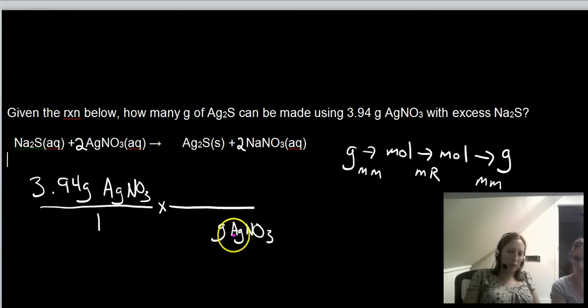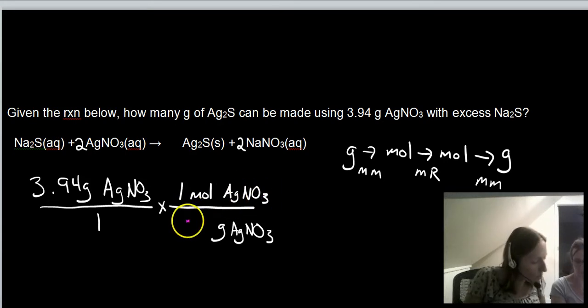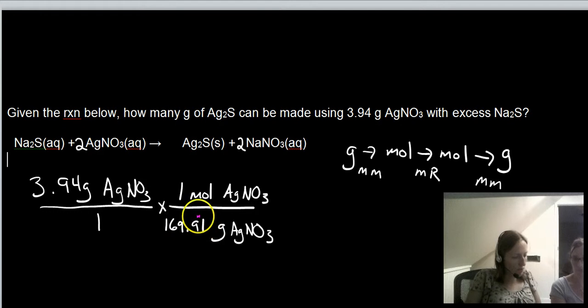What do we know about grams of silver nitrate and getting to moles? Well, that's molar mass. 1 mole of silver nitrate, which I've already done this problem, and so you can check me and see if I'm right about the molar mass, which is 169.91 grams of silver nitrate. All right, so that accounts for the mass of it. This is our next step, which is moles to moles. Bring down your unit.